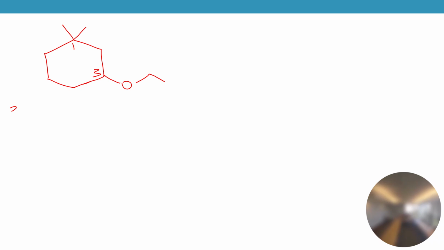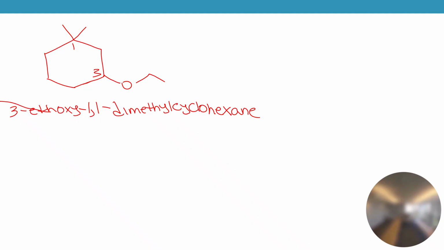So then that would make this a 3-ethoxy-1,1-dimethylcyclohexane. So we're naming these as alkanes or cycloalkanes with substituents on them. Okay. One more here.